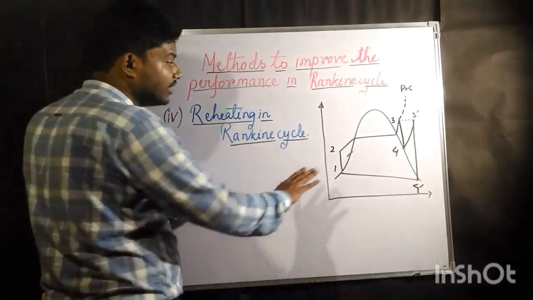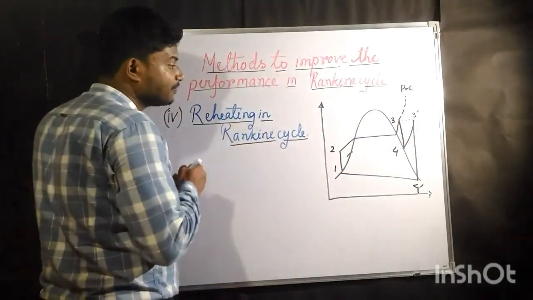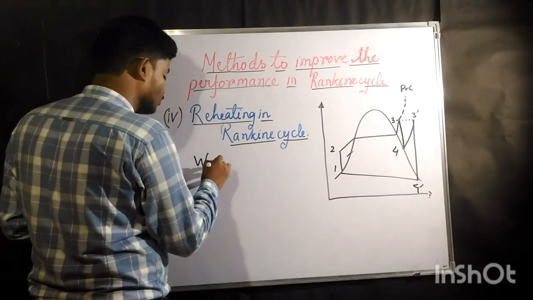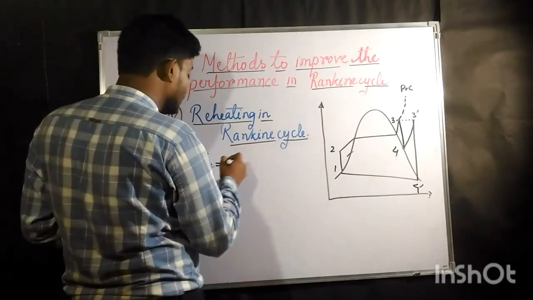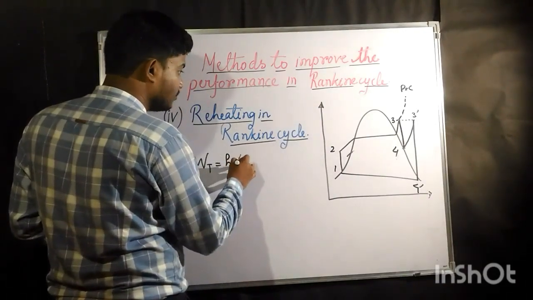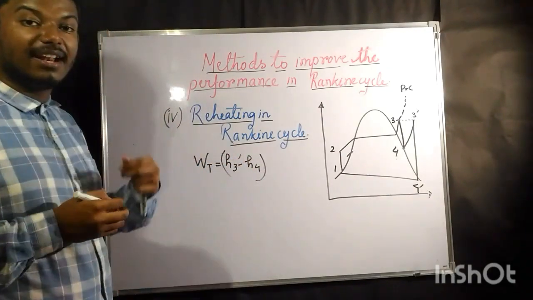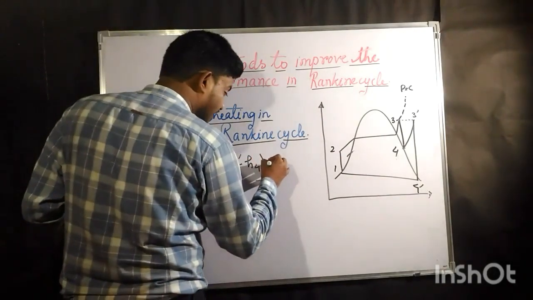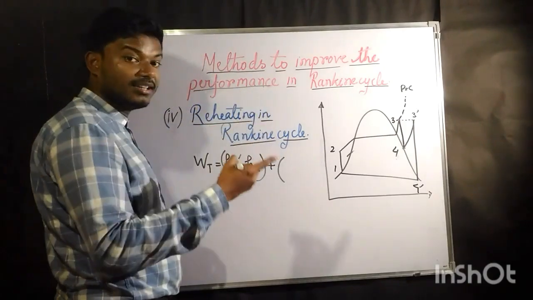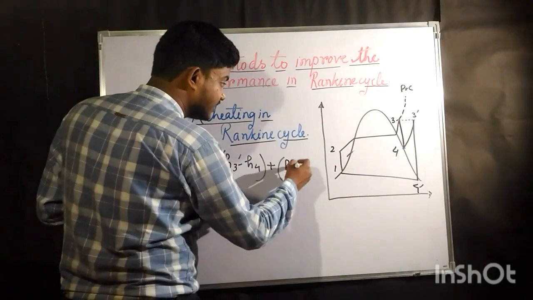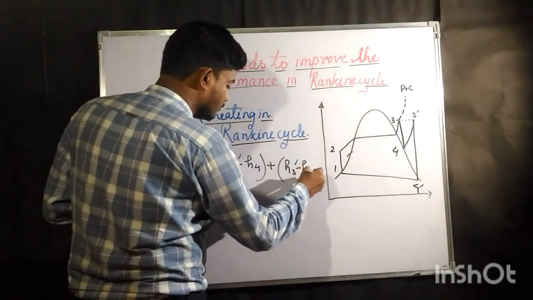Now, if you want to see the work done by the turbine, what is it? H3 minus H4 is the work taken out from the high pressure turbine, and in addition there is another work taken out from the low pressure turbine, that is H3 dash minus H4 dash.